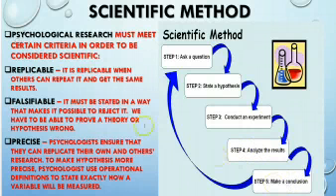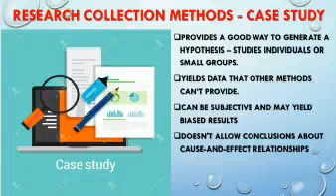There are various research collection methods, and one method is the case study. A case study is where we study individuals or small groups, and it's a good way to generate a hypothesis.